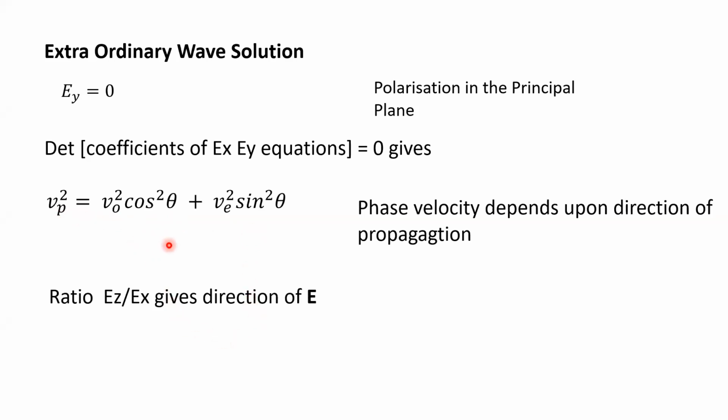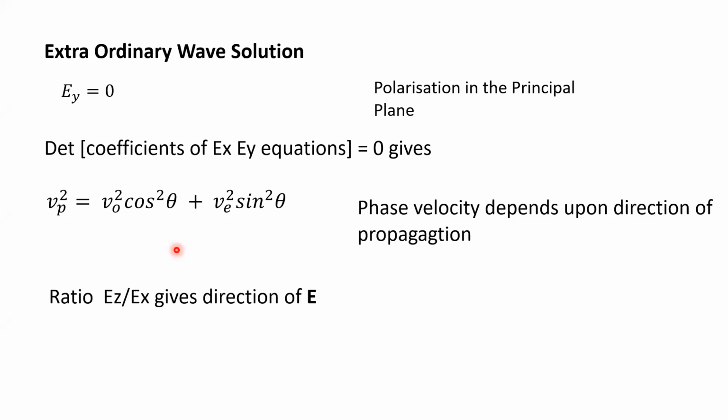Now, how would you get the polarization? How will you get the direction of E? All we have shown so far is that the vector E is somewhere in the principal plane, the plane defined by the optic axis and vector K. But where it is, we have the two equations which have E_z and E_x. You can solve those two equations and take the ratio.